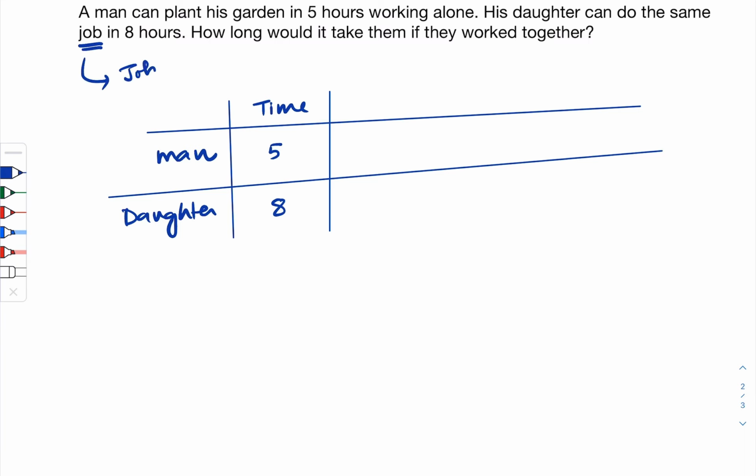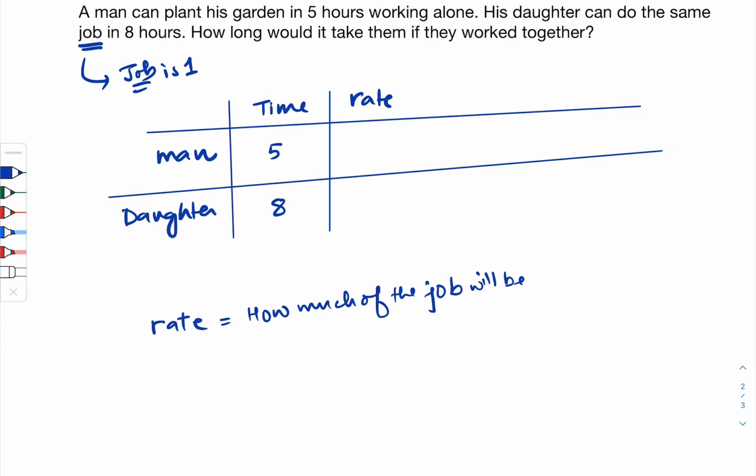By the rate, I mean how much of the job will be done in 1 hour.